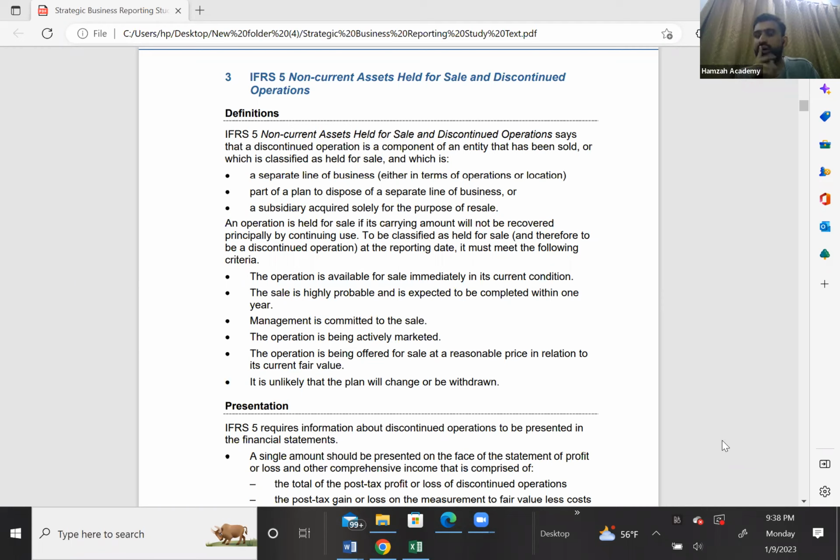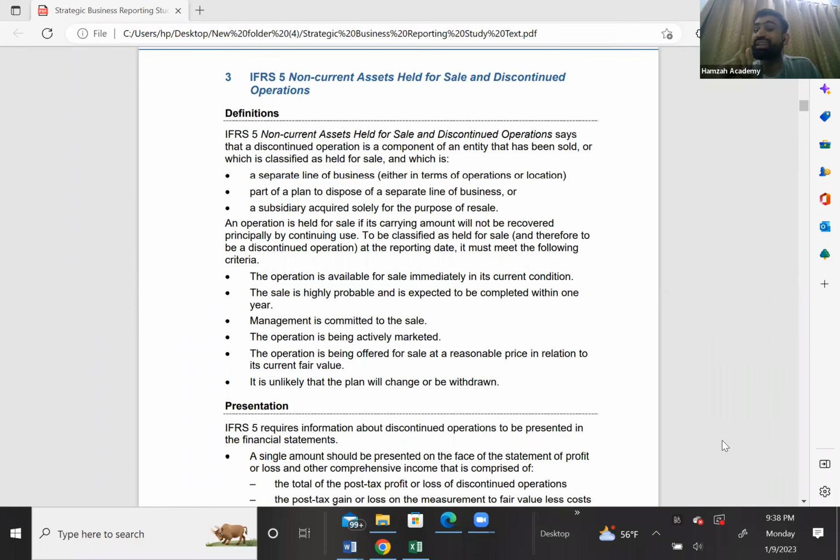For example, the company decided that they will dispose of their plant and machinery, but they are still using that plant and machinery for manufacturing purposes, and they're still accepting orders for the product which will be produced using that plant and machinery. That means that asset is not available for sale immediately. So first of all, the condition is that the asset should be available for sale immediately.